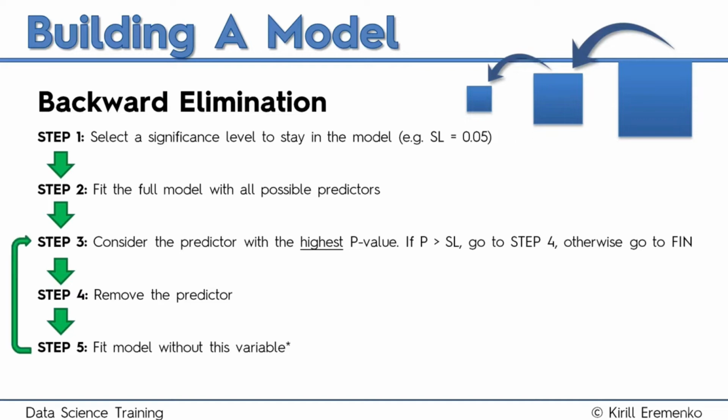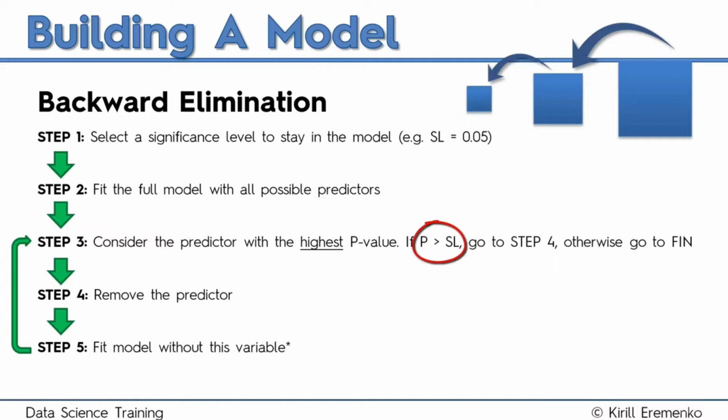And so after step 5, you go back to step 3. Once again, you look for the variable with the highest p-value in your new model, you remove it, so basically step 4, and you fit the model again with one less variable, and so on. You keep doing that until you come to a point where even the variable with the highest p-value is still less than your significance level.